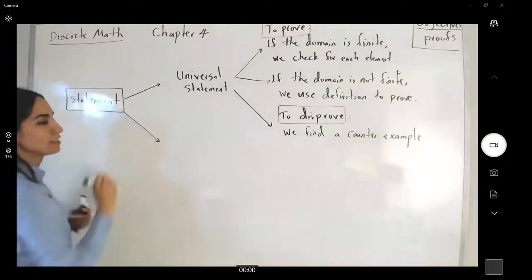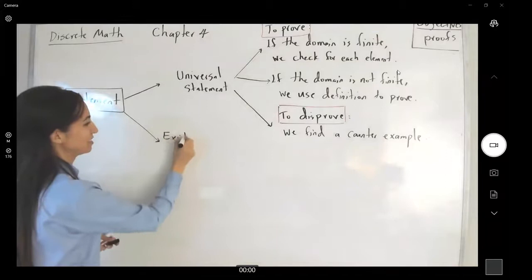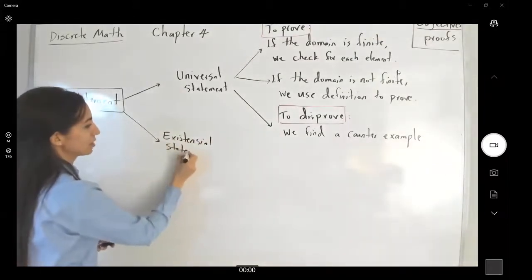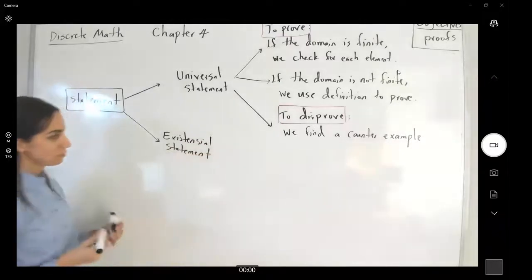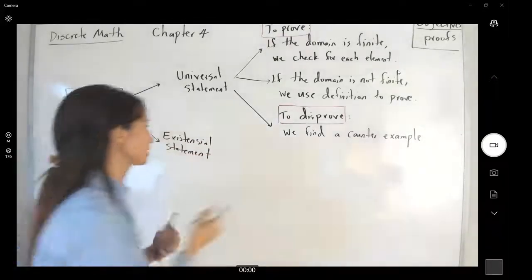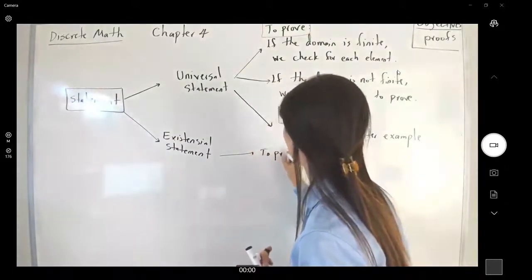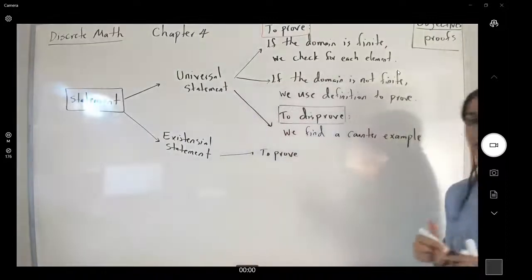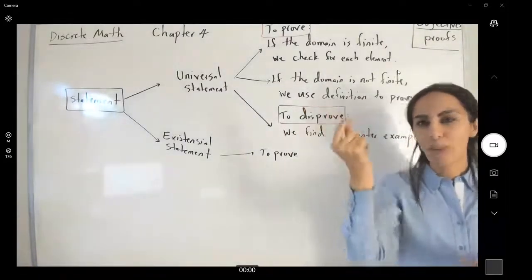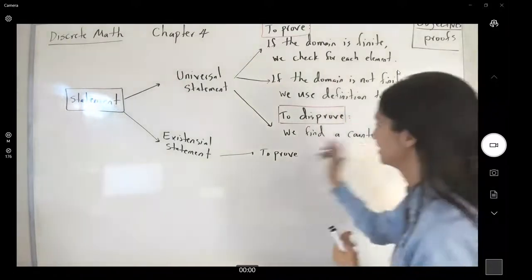What if we have an existential statement? Sometimes an existential statement is super easy. To prove an existential statement, you need to find at least one number that satisfies that condition.